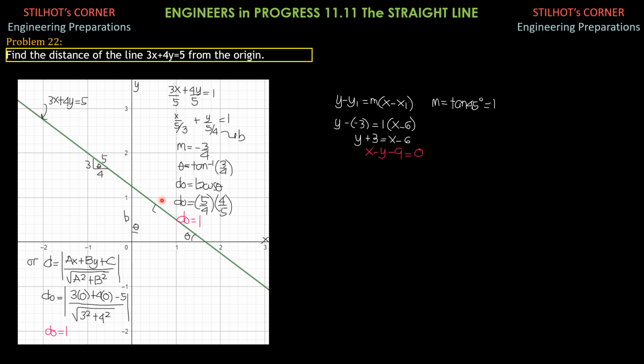So this is the line 3x plus 4y equals 5, because if we transform this into intercept form, x over 5/3. So 5/3 is the x-intercept, which is 1.67. And the y-intercept is 5 over 4 or 1.25. Then extend, that's the line.